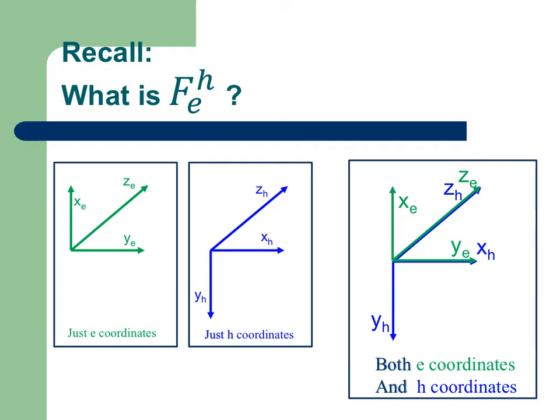So here's an example that we did before where you can see we have two coordinate frames, the E coordinate frame and the H coordinate frame. And we want to transform the E coordinate frame into the H coordinate frame.